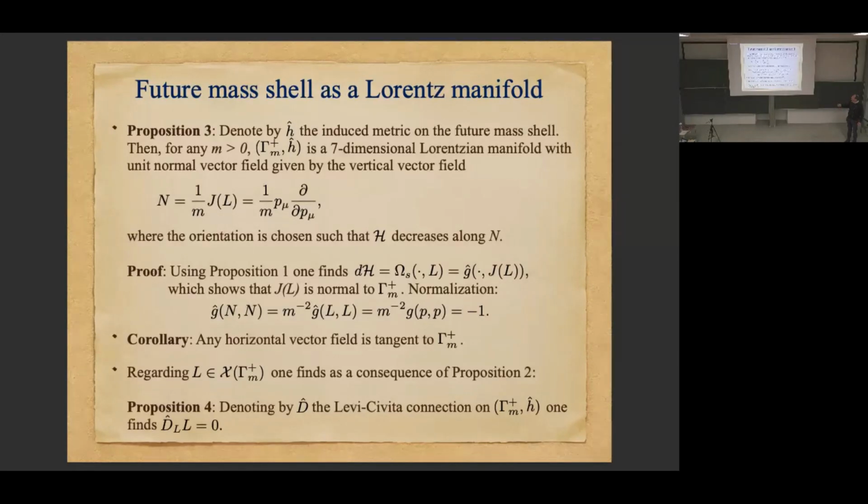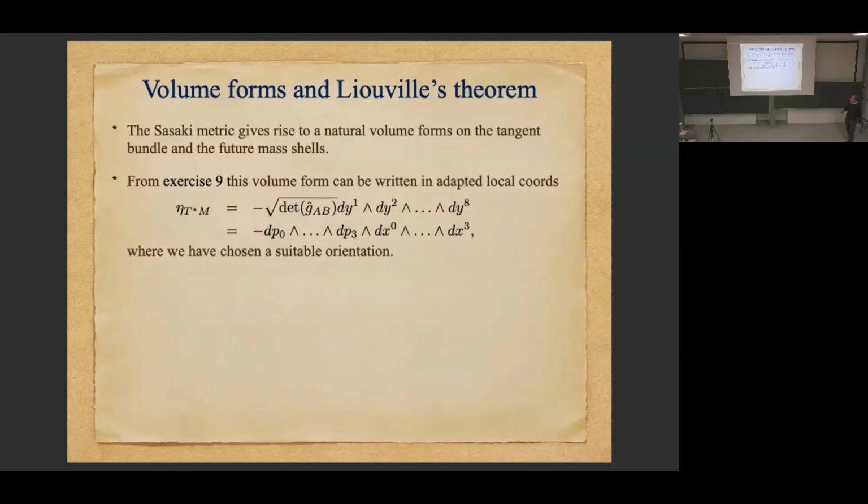And then the result I told you before, that L generates geodesics on the cotangent bundle, you can immediately now translate to the mass shell. So you have the mass shell with the induced metric. If you take the induced connection, then since L is tangent to it, it will also be geodesic on the mass shell. So everything works fine and nicely.